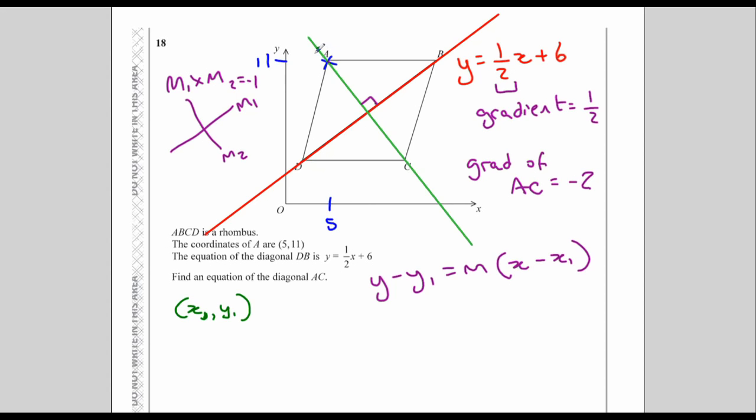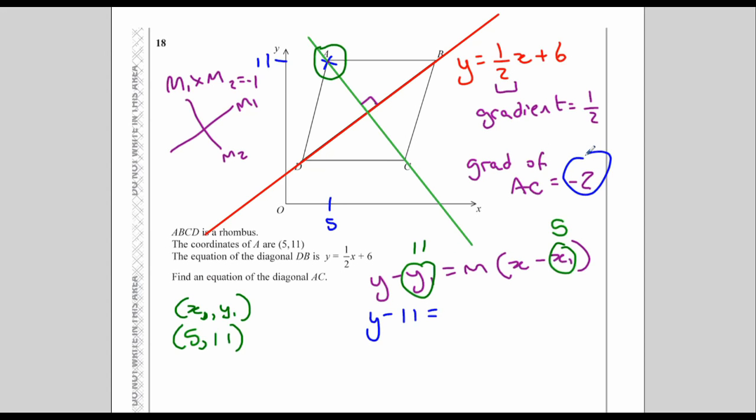So A will do, it's on the line, and its coordinate is 5, 11. So x1 is 5 and y1 is 11. That gives us y minus 11. Remember what m is? Minus 2. Minus 2 times x minus 5.